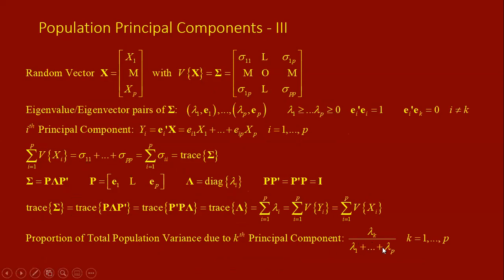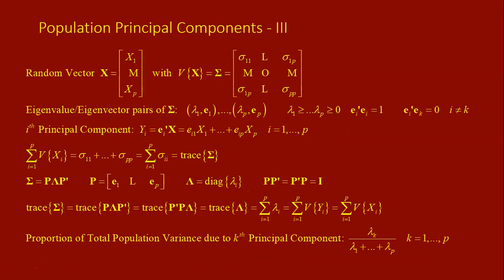I told you the other time that if I have p number of variables, I'm going to construct the variance covariance matrix, and I'm going to get my eigenvalues and eigenvectors. With that, I'm going to set up my principal components, okay?